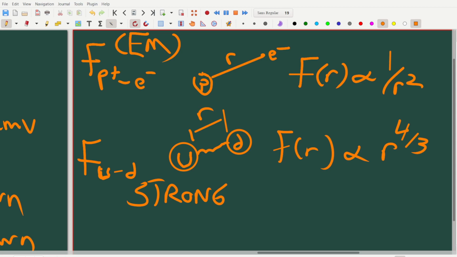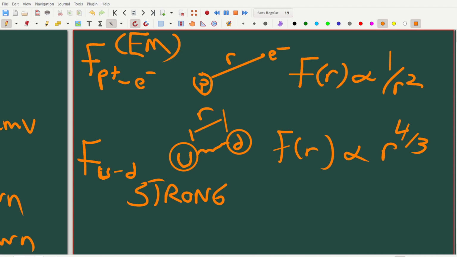The quarks inside the proton will push harder and harder against you as you pull away. It acts more like a spring. The harder you pull on a spring, the harder the spring wants to come back. And that's exactly what the strong force does.